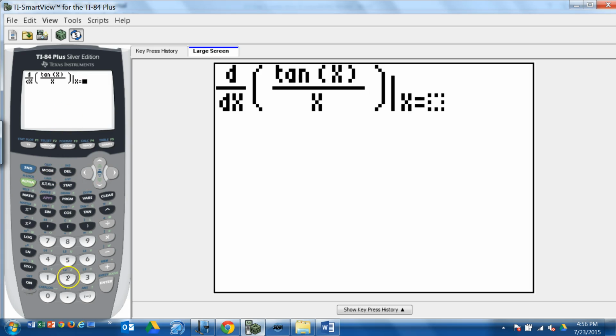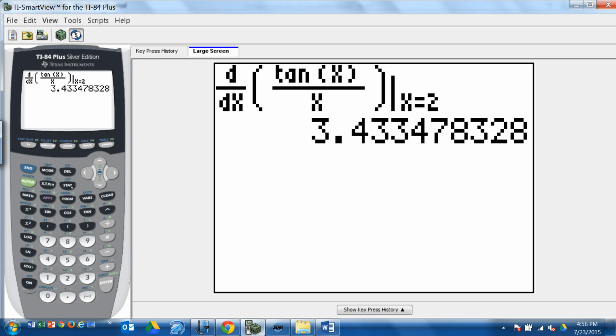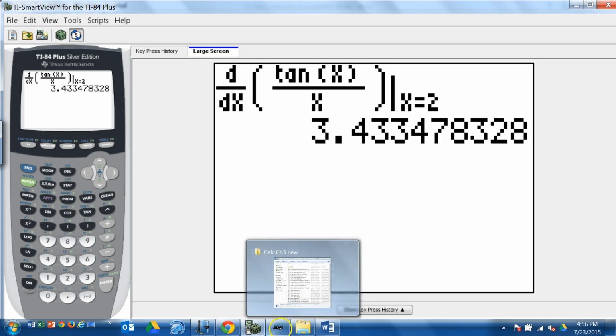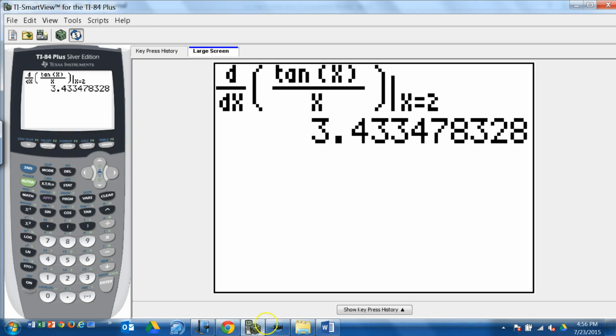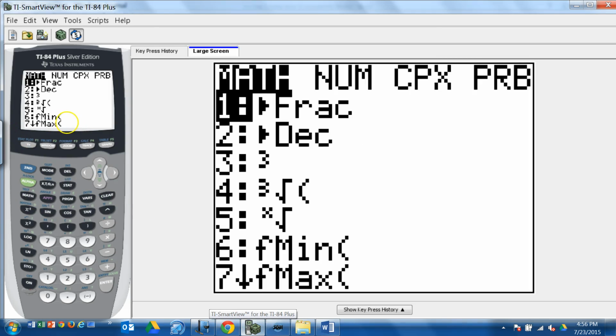And this should give us the slope, because again, the derivative is the slope, and the slope at that point, well, we don't know the full point yet. We have to actually figure that out too. When x equals 2 it is 3.433. So again, n-deriv, which is math 8, I think it was. I don't want to tell you the wrong thing now.